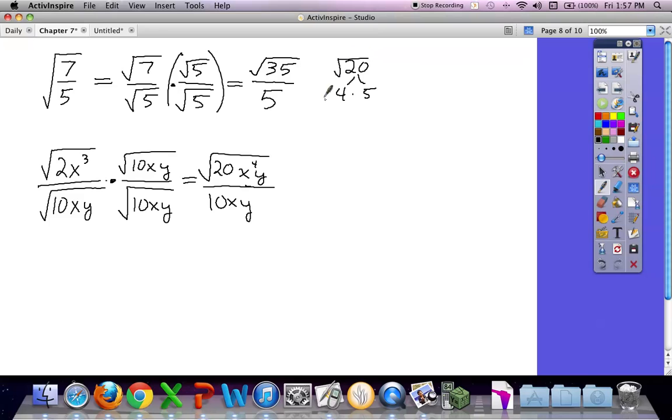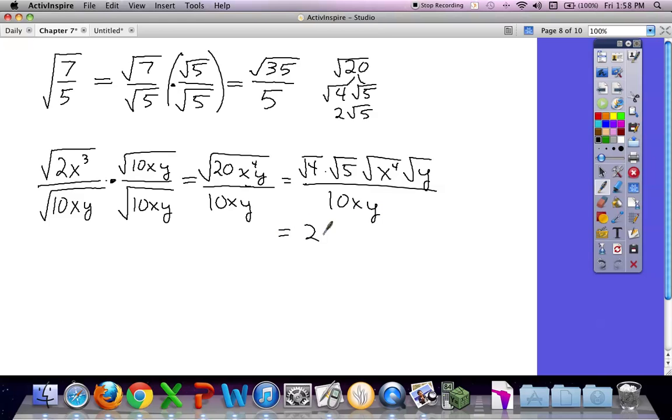So the square root of 20 is the square root of 4 times the square root of 5, which is 2 root 5. So this is the square root of 4 times the square root of 5, the square root of x to the 4th, the square root of y, all being divided by 10xy.